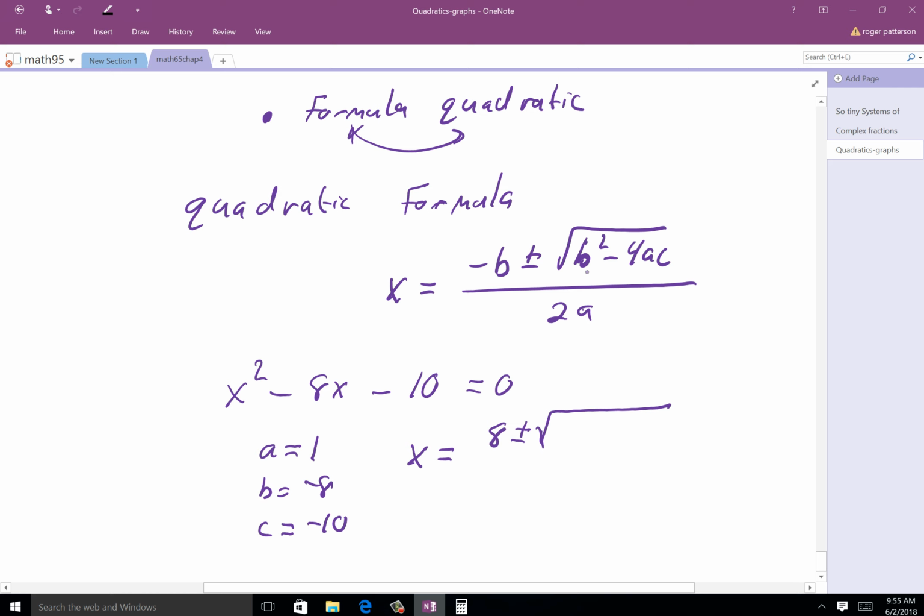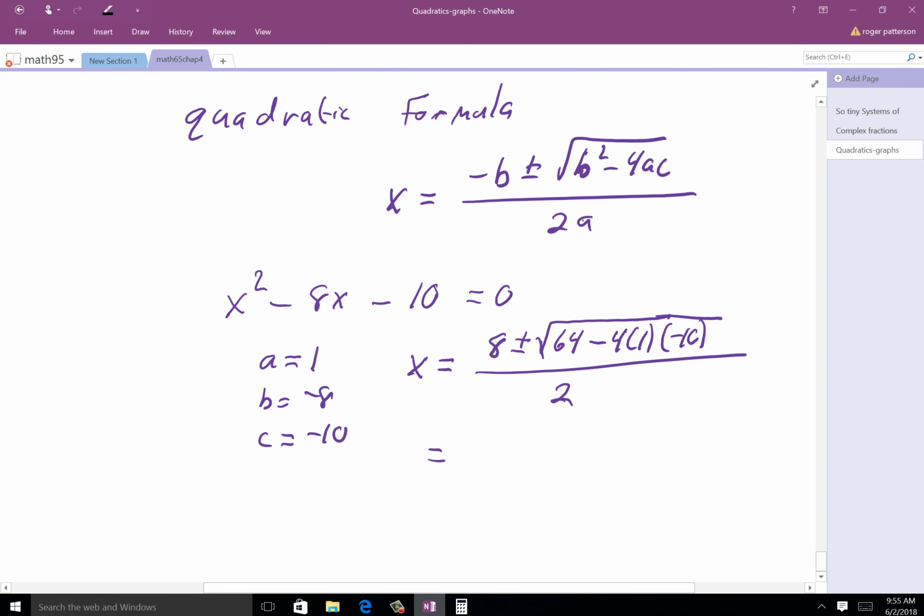I like to take the b and square it in my head, and I'll show you why when we do it on a calculator. And 2 times 1 is just 2, so I do that in my head too. Here we go. 8 plus or minus square root 64, minus 4 times 1 is 4, times negative 10. That's a plus 40.